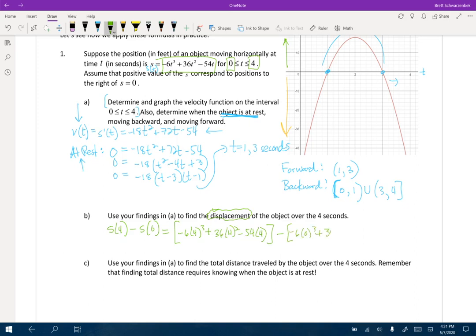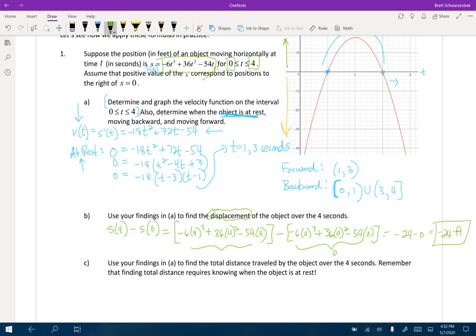Now, if you look at our function to begin with, you'll notice that there's no constant at the end of this sucker over here, which means when you plug 0 into this whole thing it's just going to be 0, which means whatever we get for s of 4, which is the first part here, we're going to end up as our answer, essentially. So what are we going to get? We're going to get negative 24 minus 0, which is negative 24 feet as our displacement.